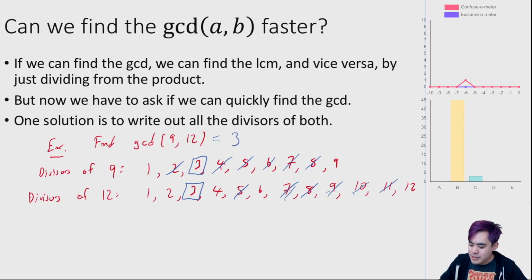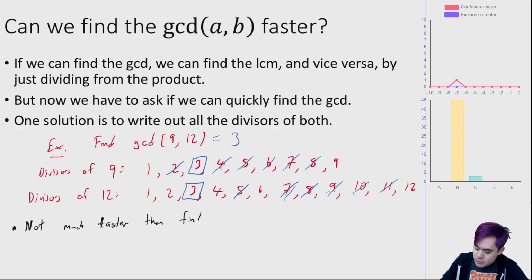But unfortunately, this isn't really faster, right? This is not much better than finding the least common multiple directly. Because we could have multiples of 9 and multiples of 12.